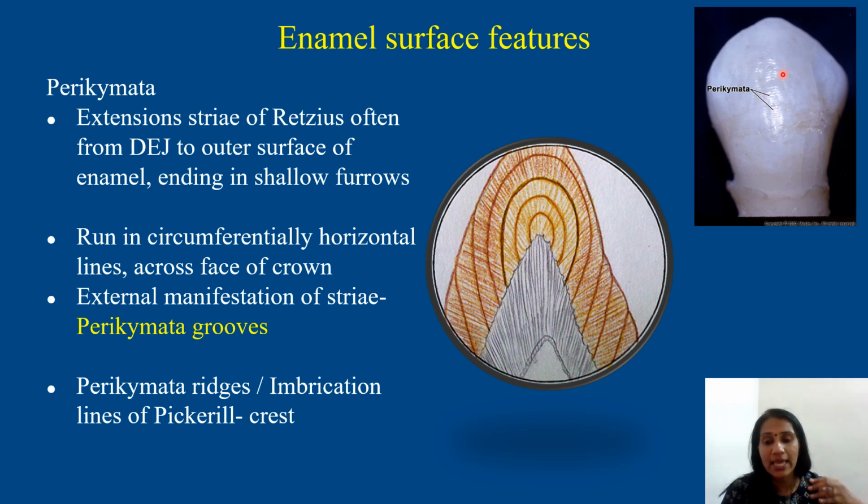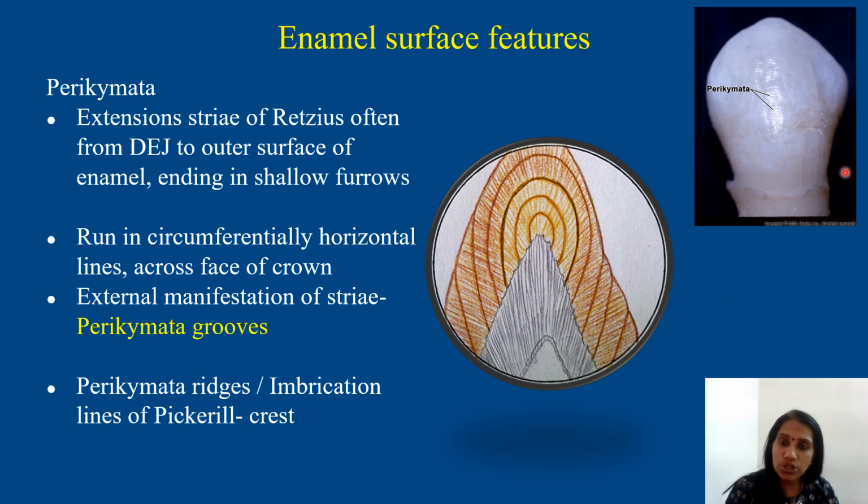They are basically extensions of the striae of Retzius. So an incremental line extension onto the surface is seen as a groove, which is called perikymata. Here this is your striae of Retzius, and on the surface there is a small depression where the striae meets the outer surface. That is called perikymata.